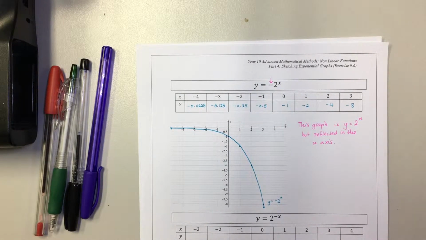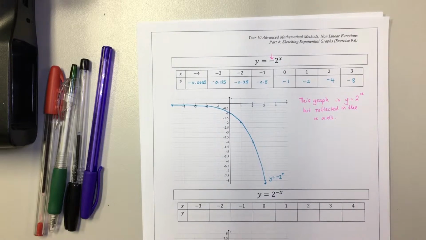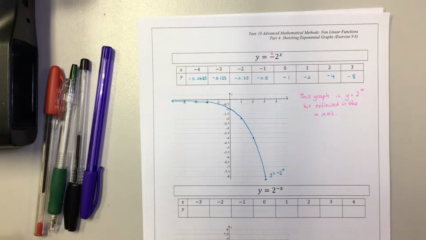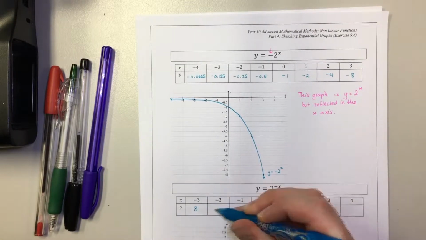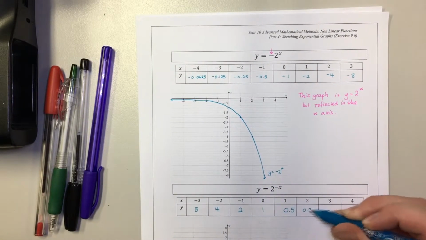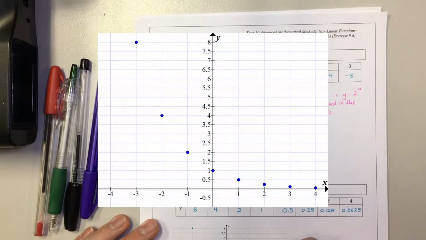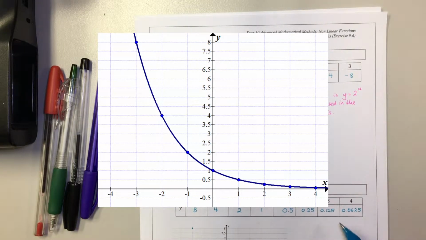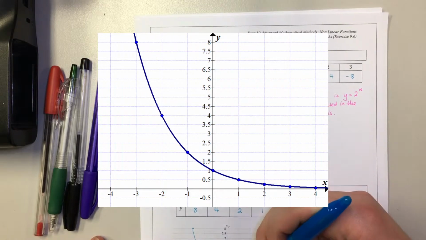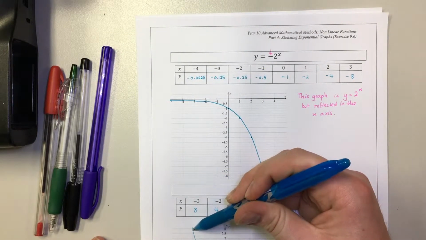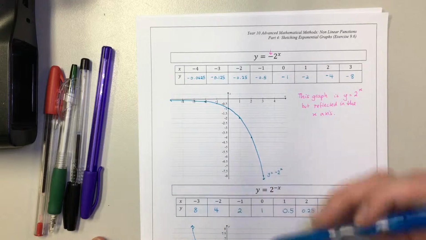You'll probably notice why I wanted to emphasise the x-axis, because a little bit later we're going to see a reflection in the y-axis. Miss Stevens, could you help us fill in the values for 2 to the power of negative x, starting with negative 3? How much would it be by reflected in the y-axis?